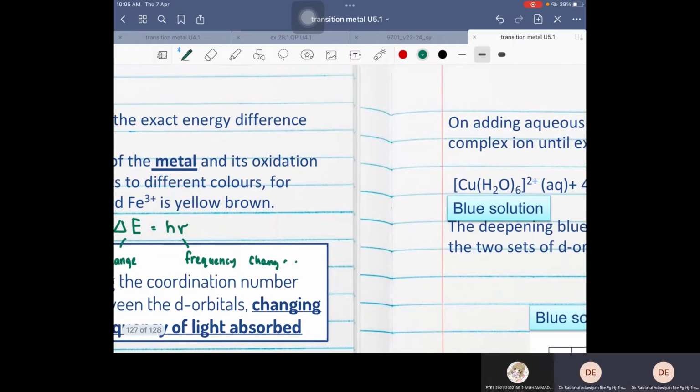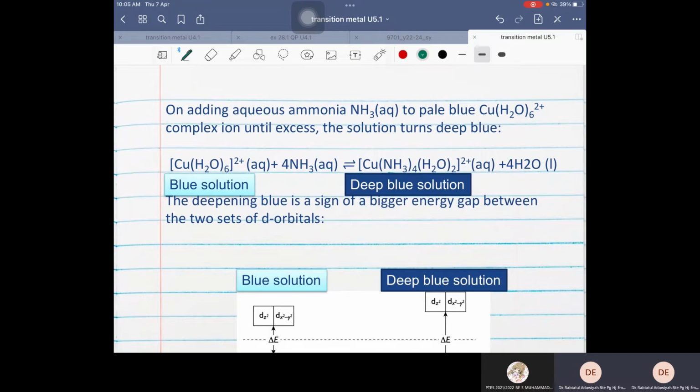Okay, here's an example. When we add aqueous ammonia to copper 2 plus until excess. Copper 2 plus is a pale blue, light blue solution. Upon the addition of ammonia, drop by drop, you will first observe a precipitate, which is your copper hydroxide, and then in excess, the precipitate will dissolve to give a deep blue or dark blue solution.